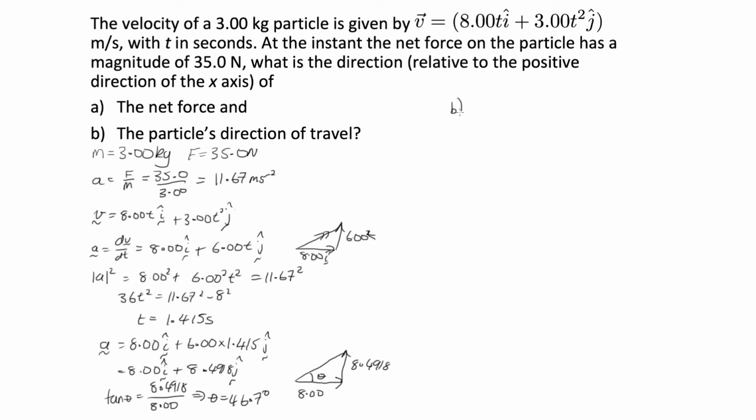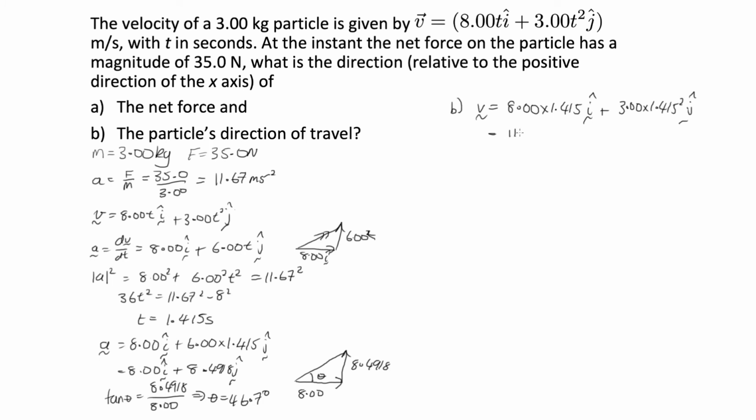Part B then asks us for the particle's direction of travel. So that's the direction of the velocity. So we can write the velocity, and we've worked out the time now. So we're substituting the time into this velocity equation. So it's 8 times 1.415 i plus 3 times 1.415 squared, and this is in the j direction, sorry I left that off.